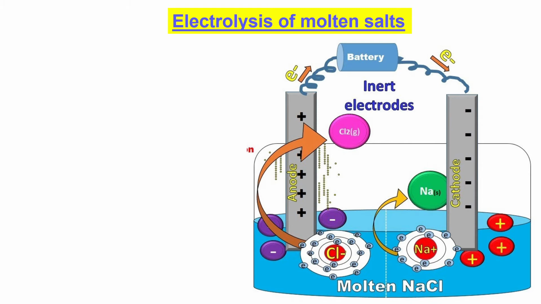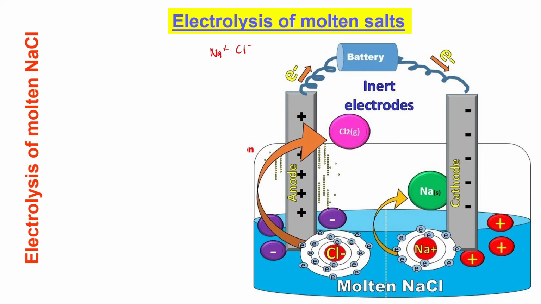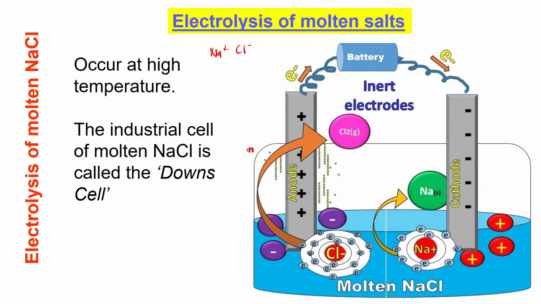So bila kita cairkan hanya ada ion Na plus dan juga Cl minus. So ini hanya berlaku pada higher temperature, 800 degree Celsius macam tu. So yang ni sangat penting dalam industri. So dalam industri kita nak hasilkan chlorine gas. So menggunakan this method, okay, we call as Downs cell.